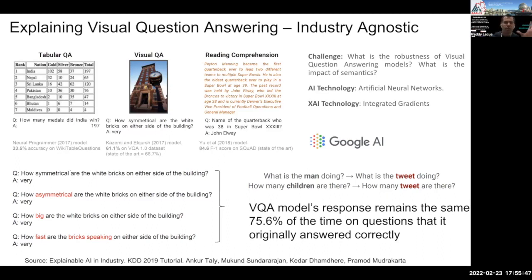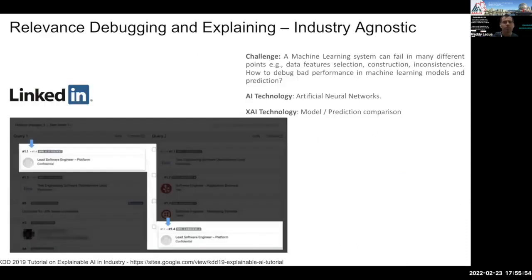I think the shortcut is a bit rough, but there is lots of work addressing and studying this topic. And there is more work from LinkedIn on debugging and explaining relevance, or scoring for a particular job, who might be the best, and trying to find why that particular person has been ranked first for this particular job.